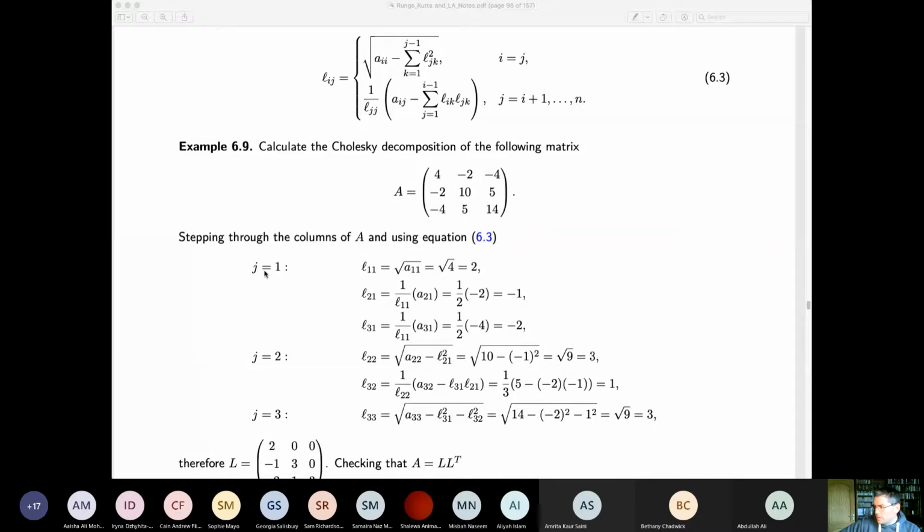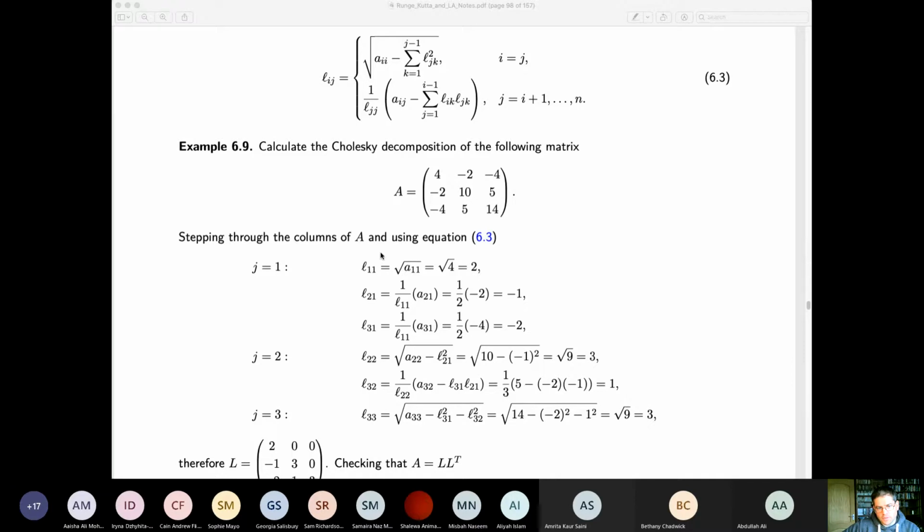What we do is look at the columns of A, the same as before. For the first column, L11 is equal to the square root of A11, and this summation here doesn't exist yet, because j is equal to 1.